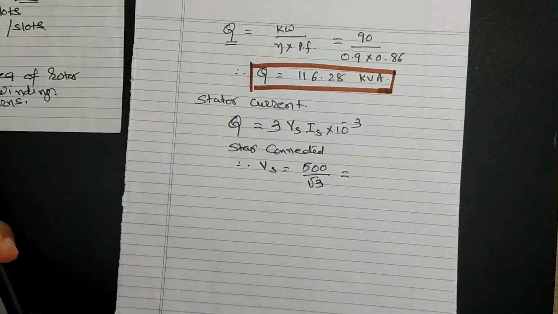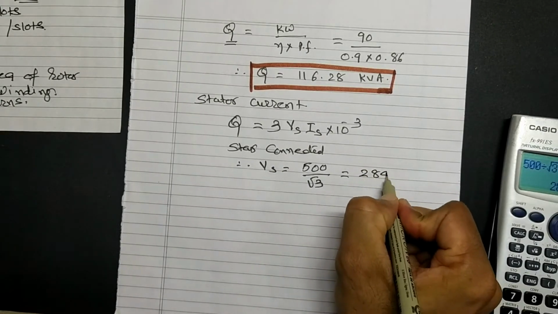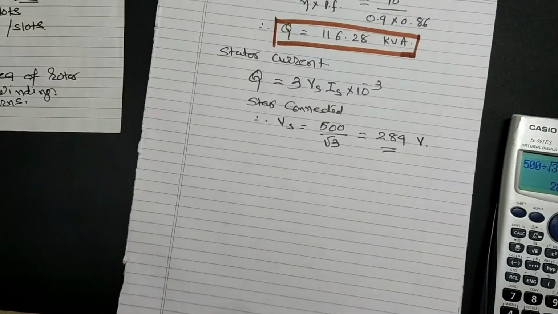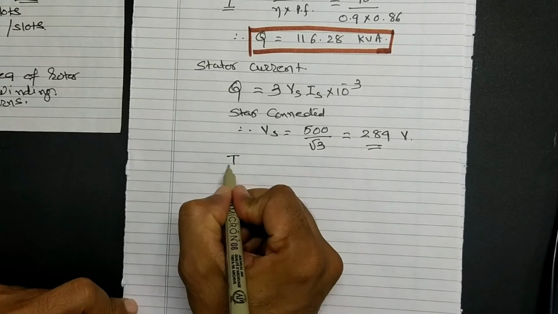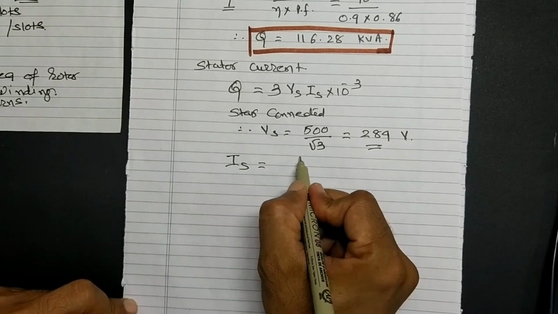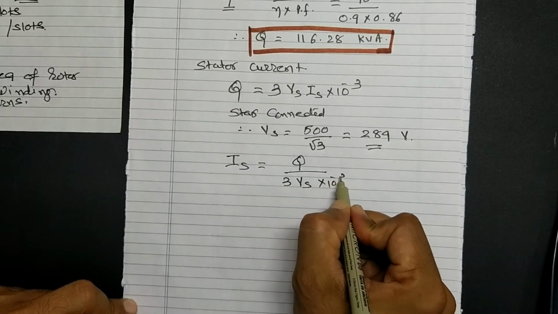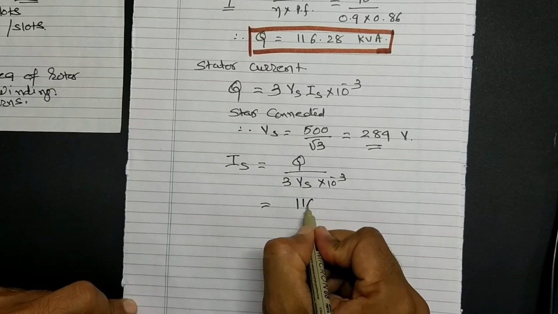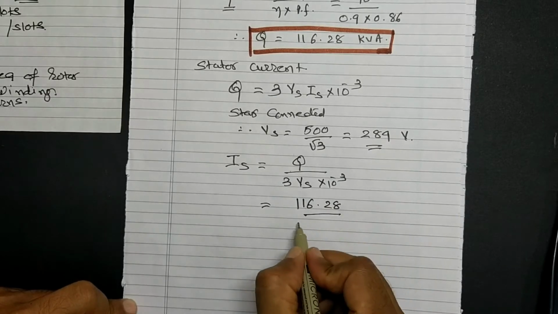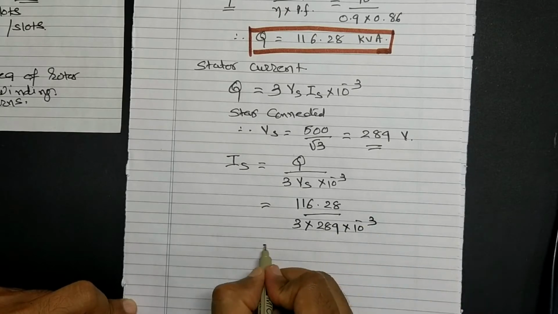So 500 divided by √3 comes to 288 or 289 volt. Based on this stator voltage, we find stator current Is, that is Q divided by 3 Vs multiplied by 10 raised to minus 3.